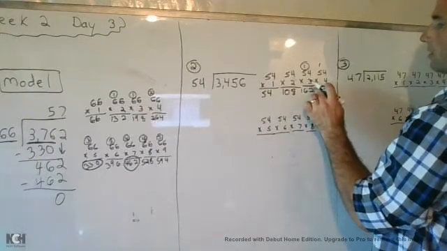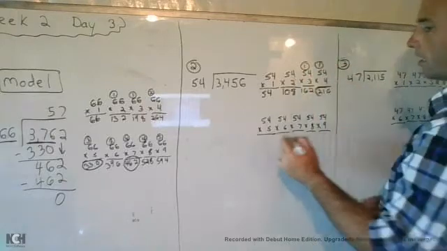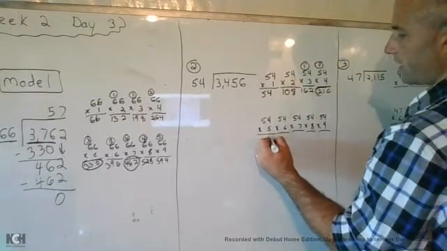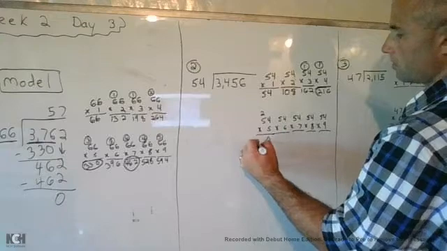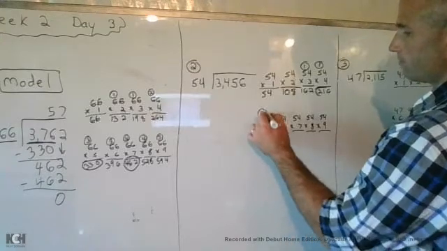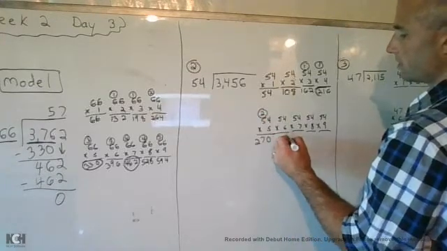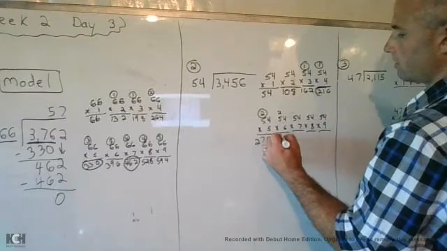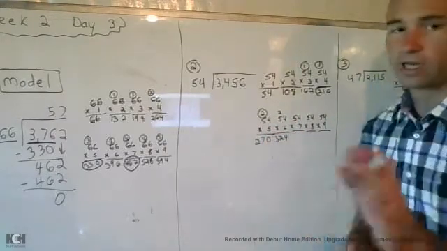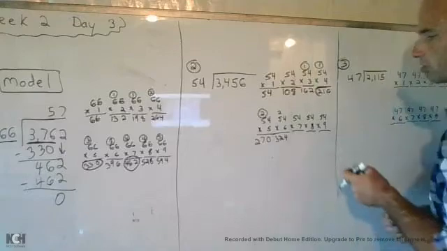Oops. I'll circle that one. And then we have 54 times 5 equals 270. 54 times 6 equals 324. One day you'll get here. We'll get just as fast as this.